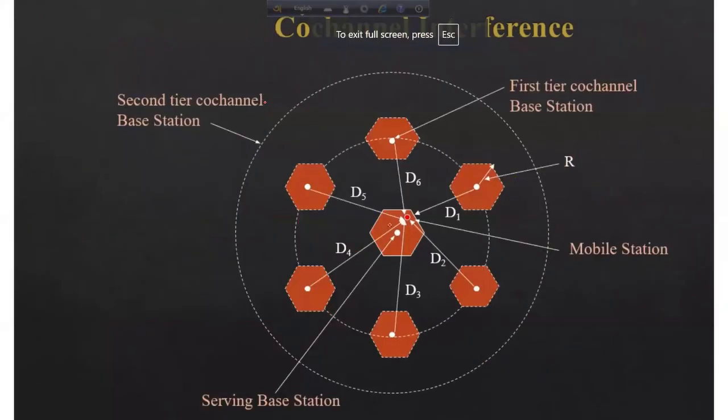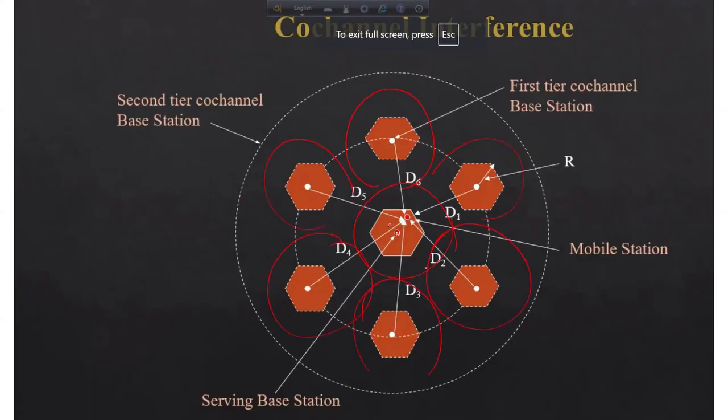Now let's understand the co-channel interference for this cluster. Say for example, this is one cell, this is the center point of this cell, and here is one cluster, and there are other clusters.